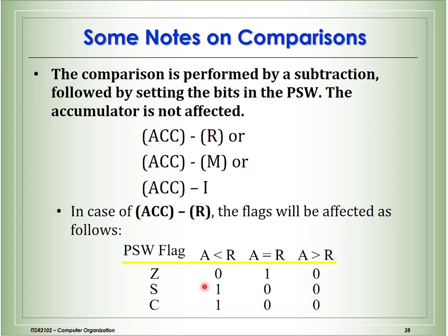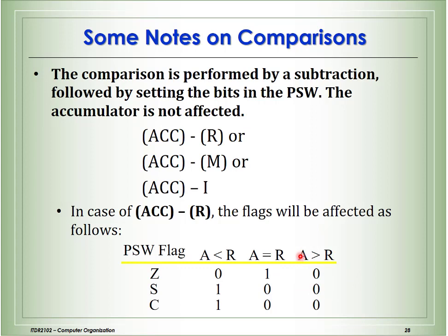For example, if the content of the accumulator is less than the register, the zero flag is reset. When the accumulator is equal to the register, the zero flag is set.